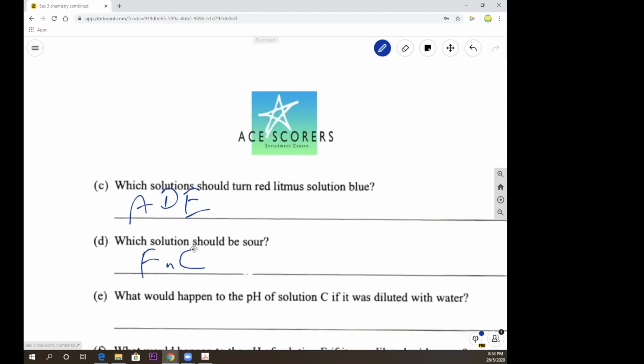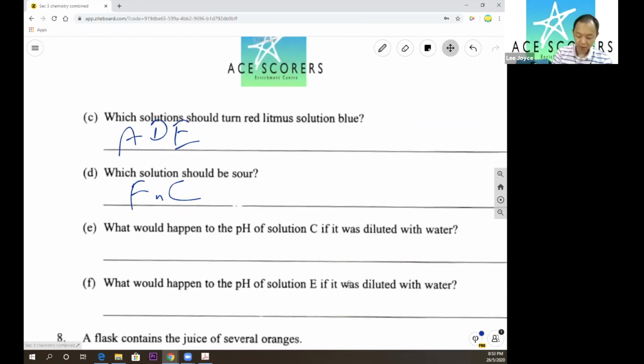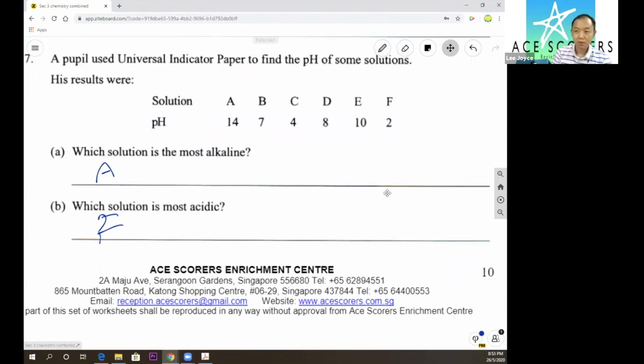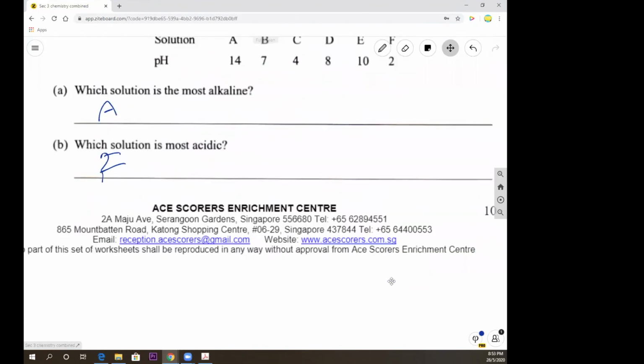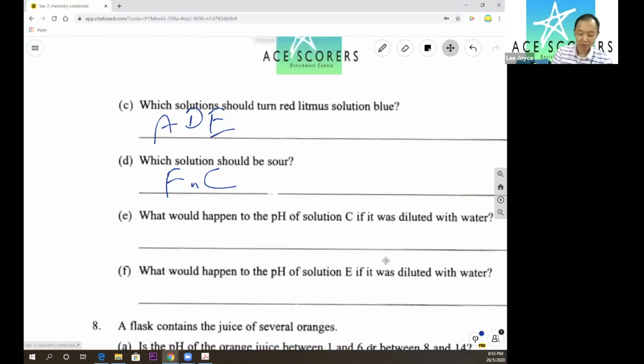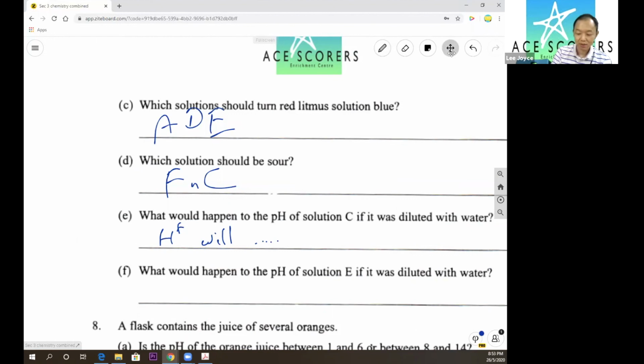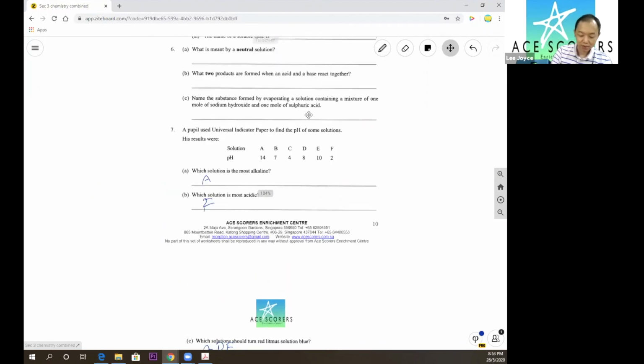What happens if solution C is in water? C put inside water. Acidic drink. No, hydrogen will come out. There's a term for come out, right? Like emerge.